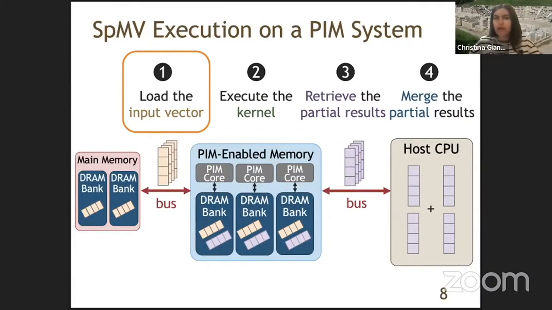Next, we also need to create a simple performance model for the SpMV execution. And this can be simply identified after we do the partitioning. We can just identify the PIM core that has the highest number of non-zero elements, because that is the core that determines the kernel execution time. The kernel time can be approximated as a linear function where we give the number of non-zero elements, and the output of this function is the cycles or the execution time.